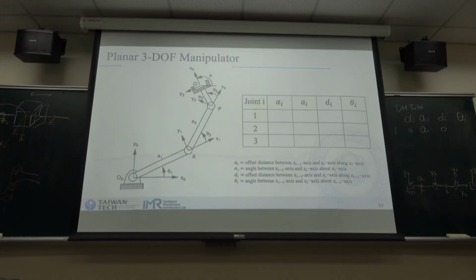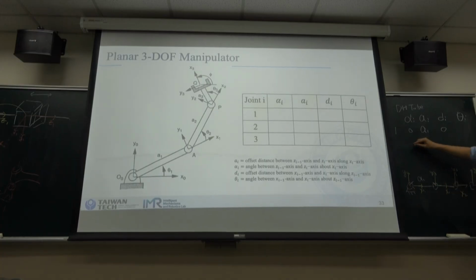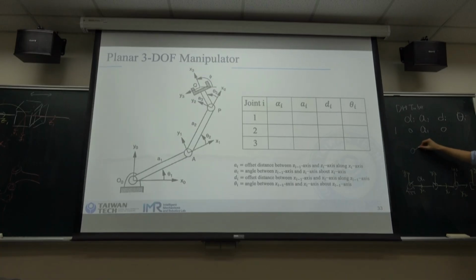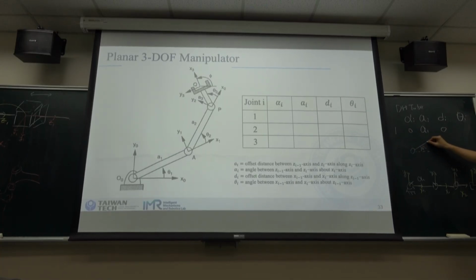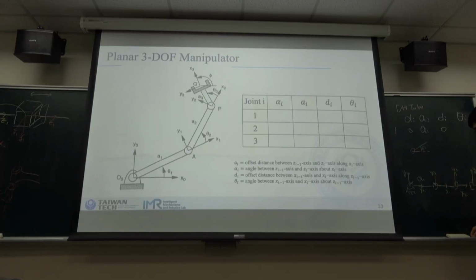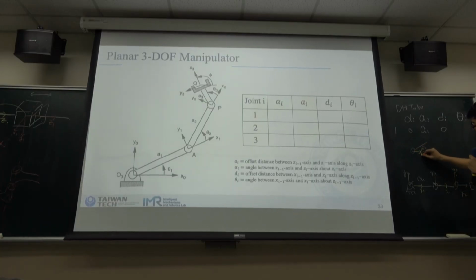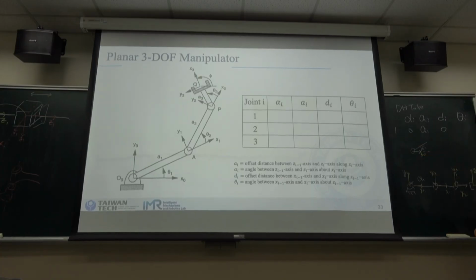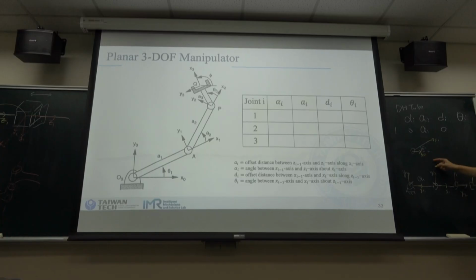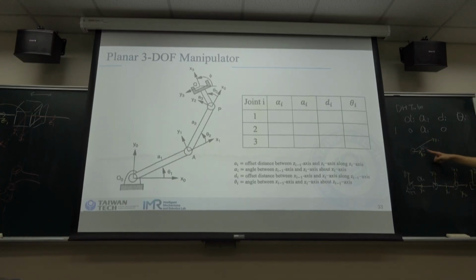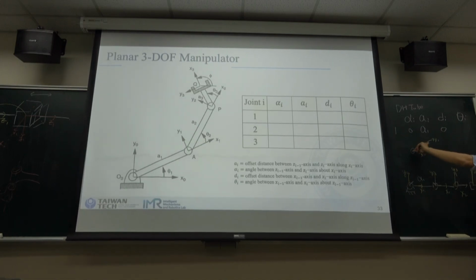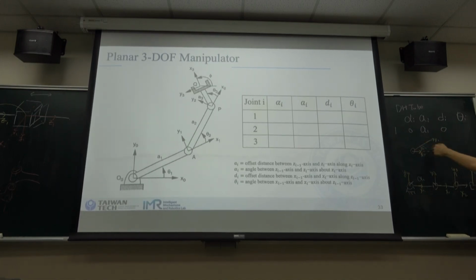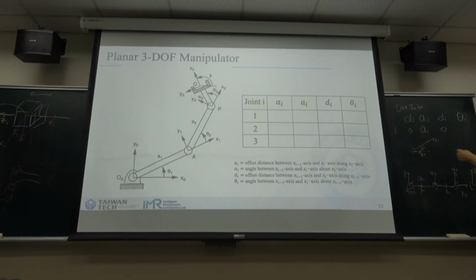If this angle moves by theta 1, here will be the x0, and here will be the x1. So if they move by a variable theta 1, the angle difference between these two axes is theta 1.